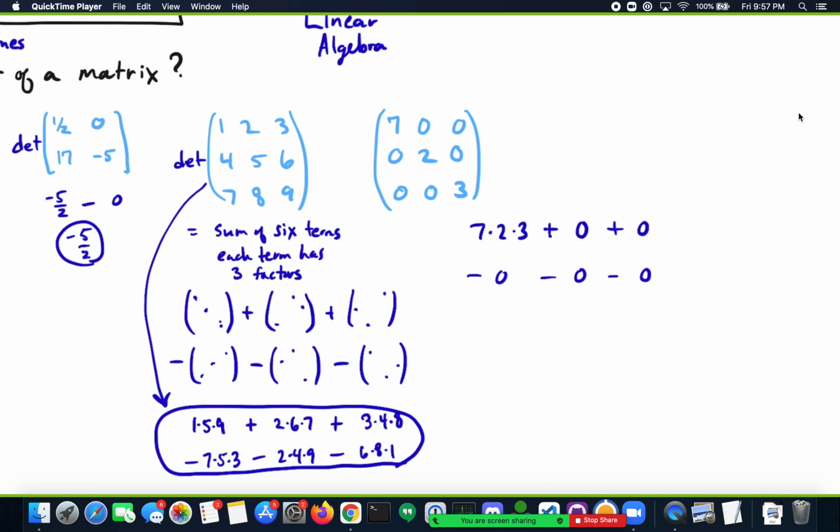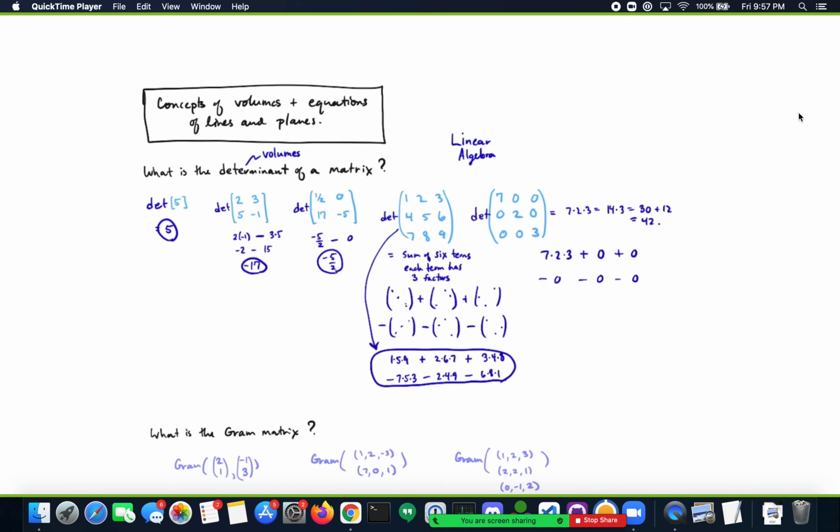And so the determinant of this matrix is really easy to compute. It's 7 times 2 times 3. 14 times 3 is 30 plus 12, 42. Okay, so those are examples.